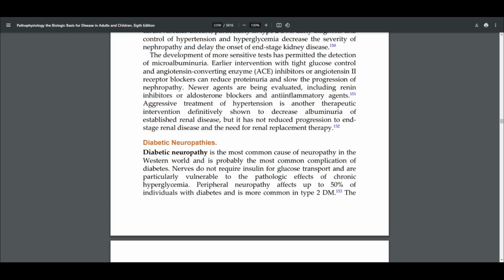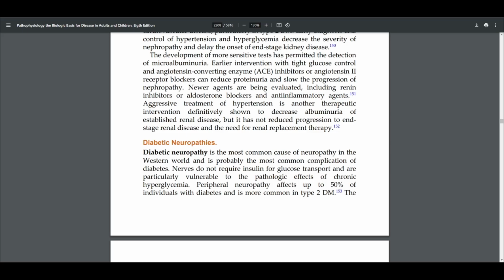Newer agents are being evaluated, including renin inhibitors or aldosterone blockers, and anti-inflammatory agents. Aggressive treatment of hypertension is another therapeutic intervention, definitively shown to decrease albuminuria of established renal disease, but it has not reduced progression to end-stage renal disease and the need for renal replacement therapy.